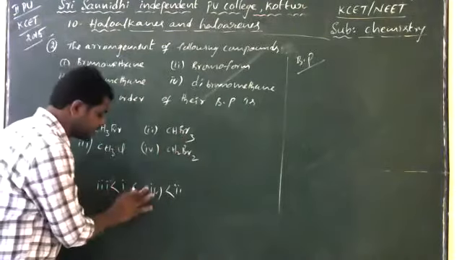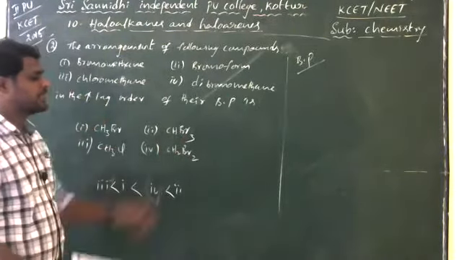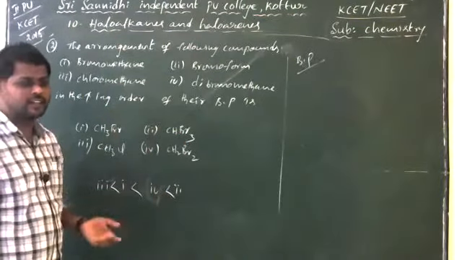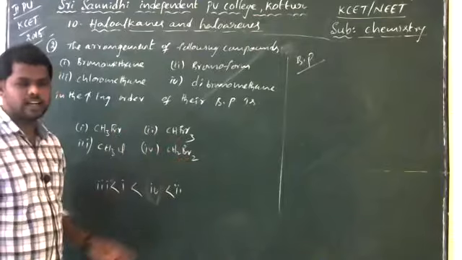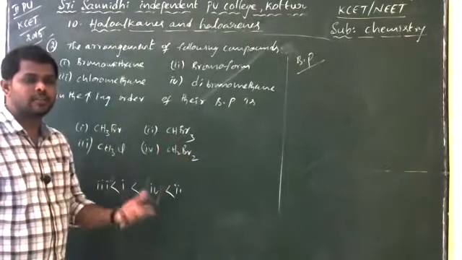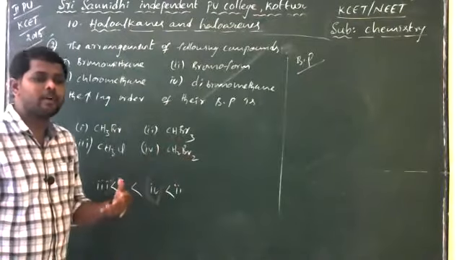CHBr3 is bromoform having three bromine atoms. Mass increases with the number of halogen atoms, which also increases van der Waals forces and boiling points.